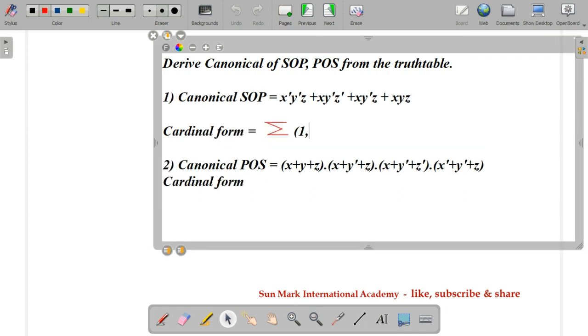The next minterm designation numbers are 4, 5, and the last one is 7.